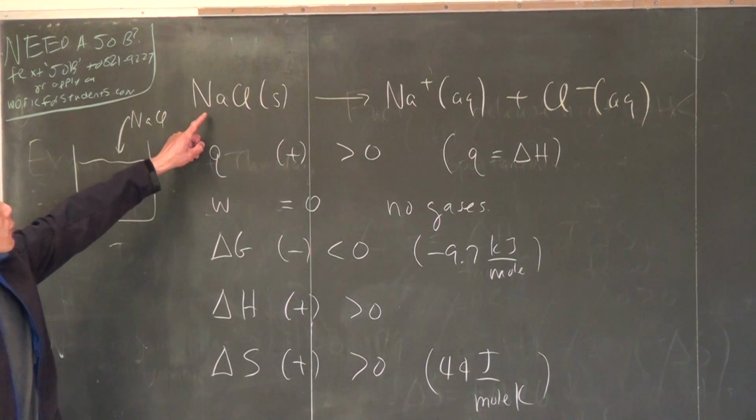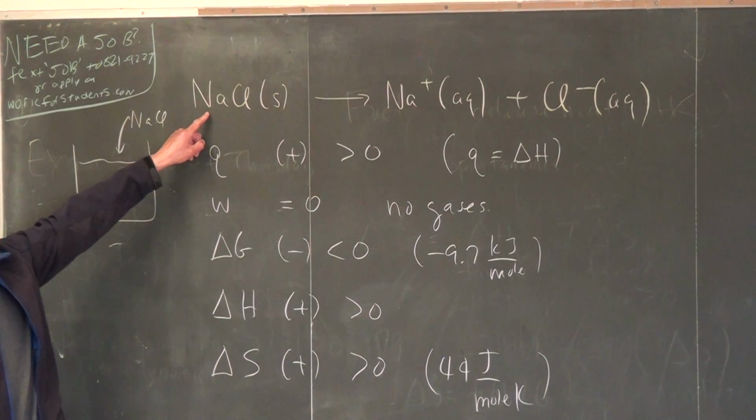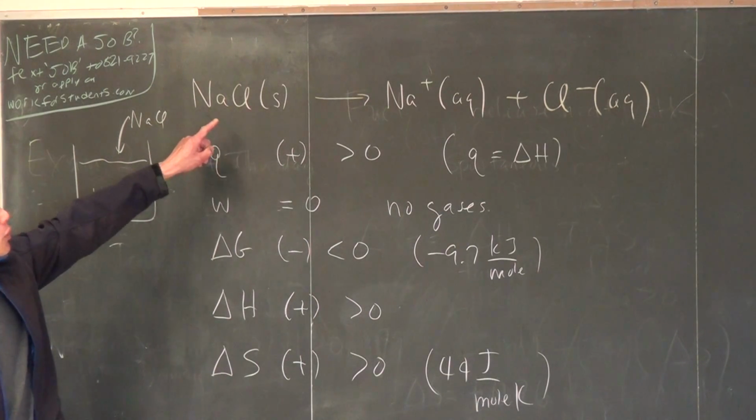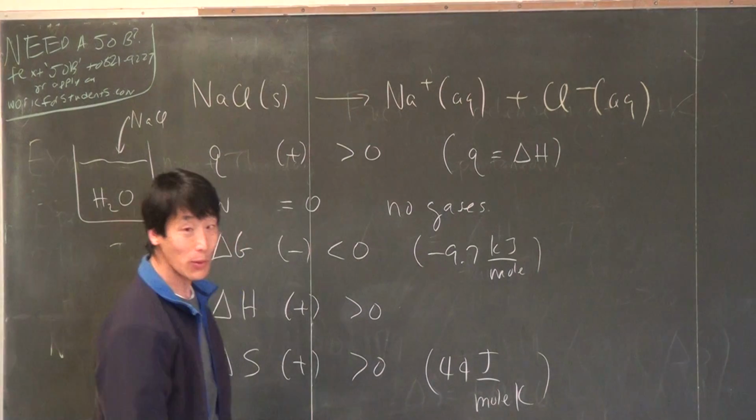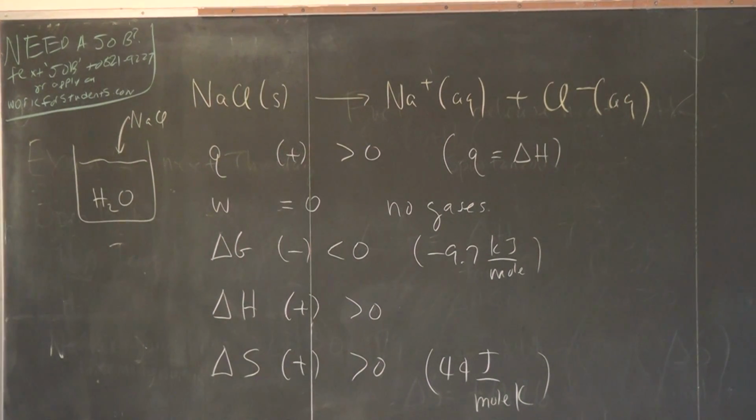Note also that we're going from 1 mole of solid reactants to 2 moles of aqueous products. So first we're going from 1 reactant to 2 products. So are we going from order to disorder or disorder to order based on the 1 to 2? Order to disorder.